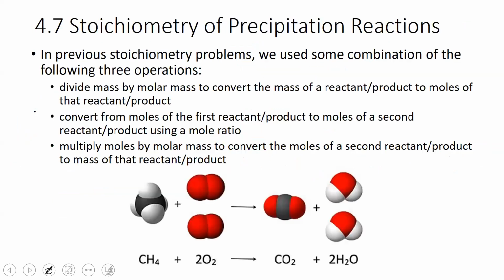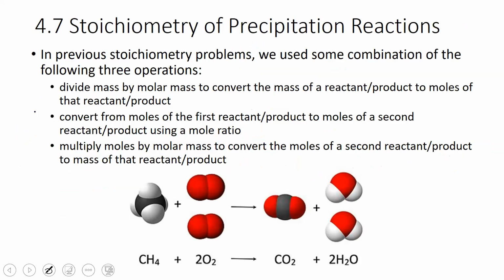All right. So what we're going to see now is when we do precipitation reactions, we're really looking at stoichiometry of a solution, okay? And so there's going to be this change to stoichiometry in a solution. In the past, when we've done stoichiometry, we've always used a combination of these 3 processes.